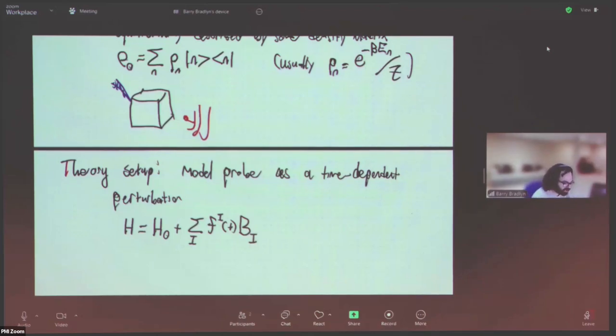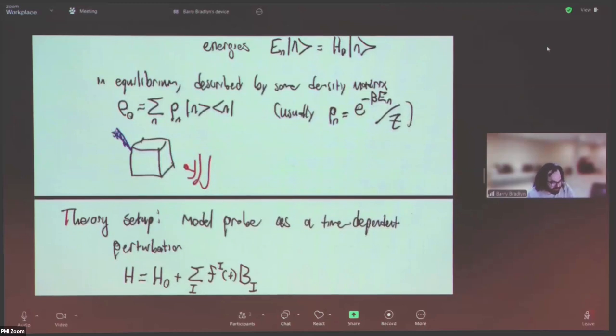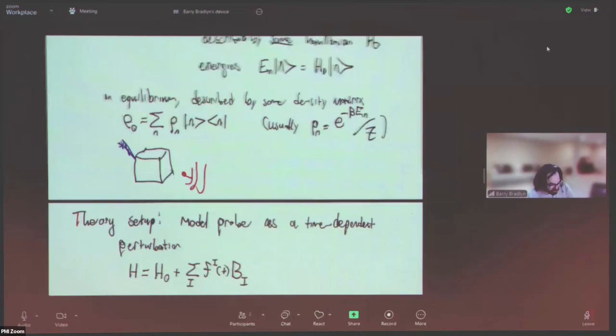There's one additional thing that will make our lives easier later on, which is we do want to assume that our system starts in an equilibrium configuration. And that means that if we let time go far enough back in the past, so t goes to minus infinity, the perturbation should turn off, and we should just be left with our starting Hamiltonian. And we'll use a mathematical trick to ensure that.